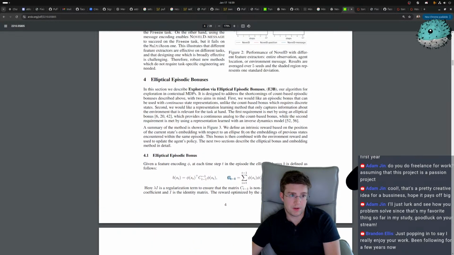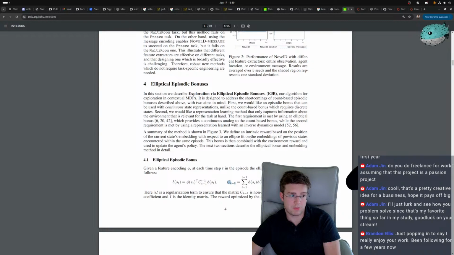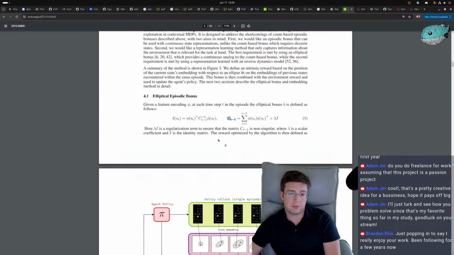We're currently implementing E3B into PufferLib, seeing if this exploration algorithm does anything. My prediction is it's just going to be too slow. But there's some weird things with it. This is for our client.